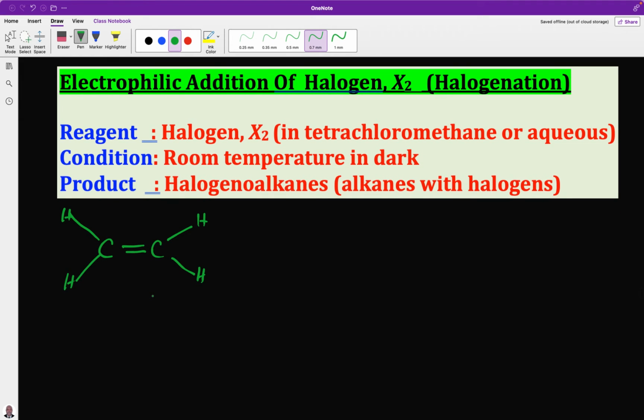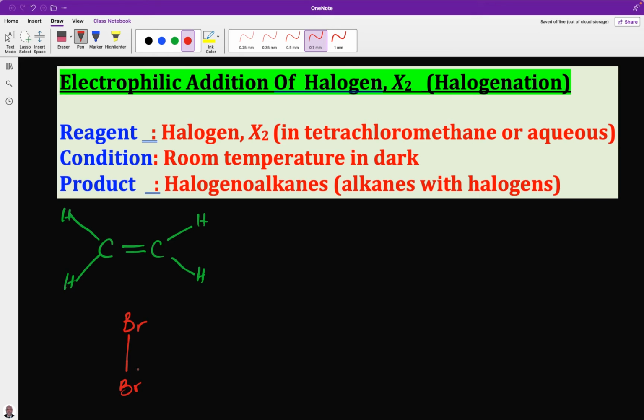Now, addition of a halogen. The halogen bromine as an example.